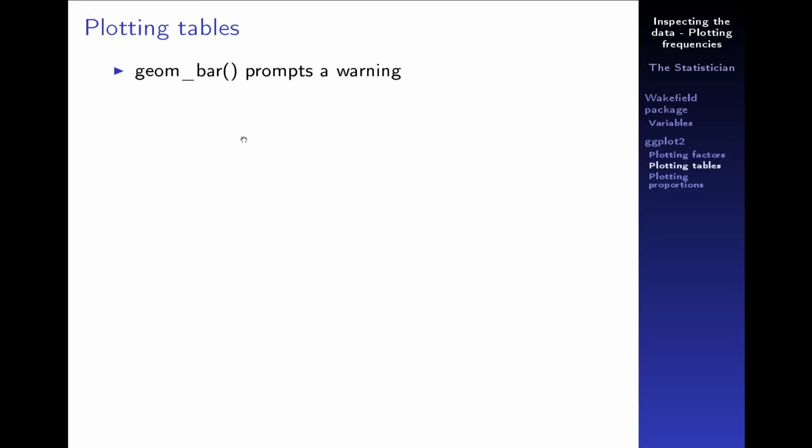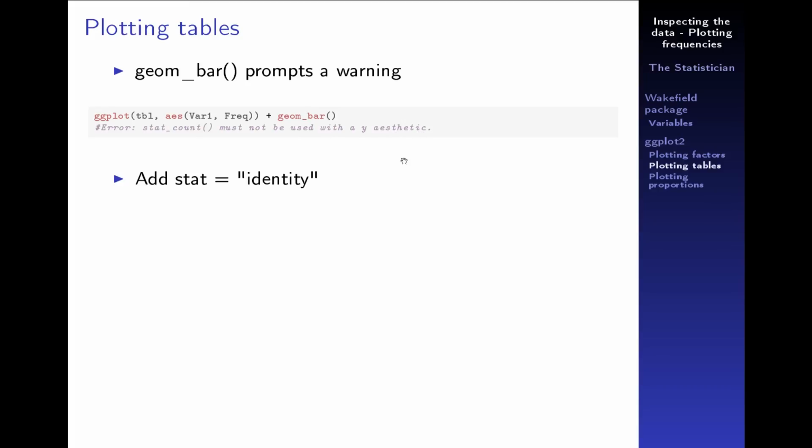Now geom_bar will show a warning if you try to run this. It will say error, stat_count must not be used with a y aesthetic. But you can overcome this by having a definition inside geom_bar, stat identity.